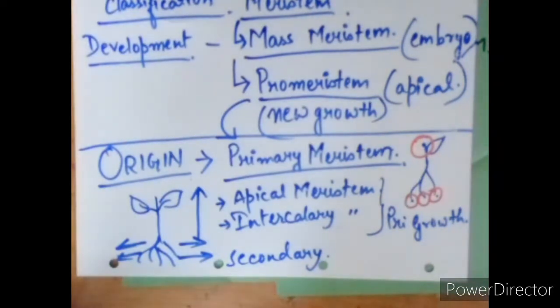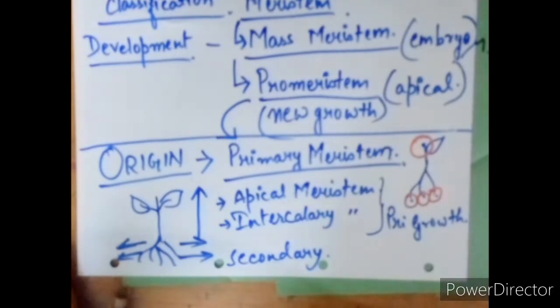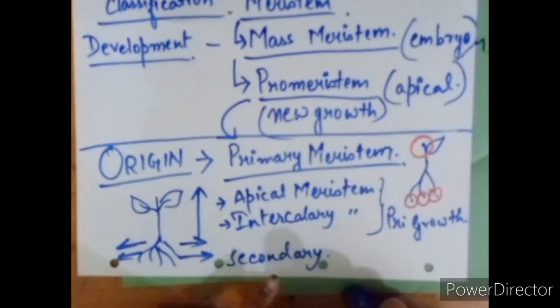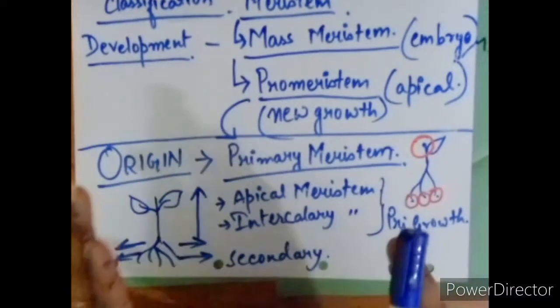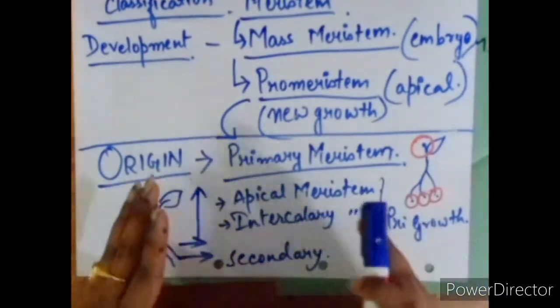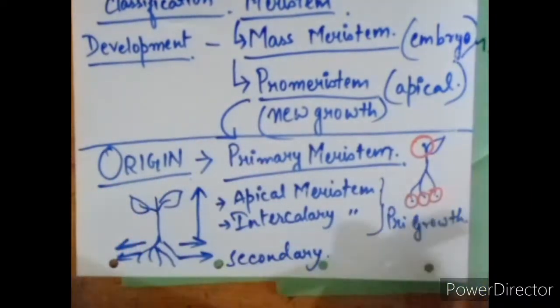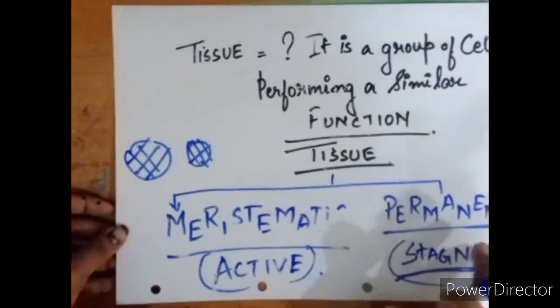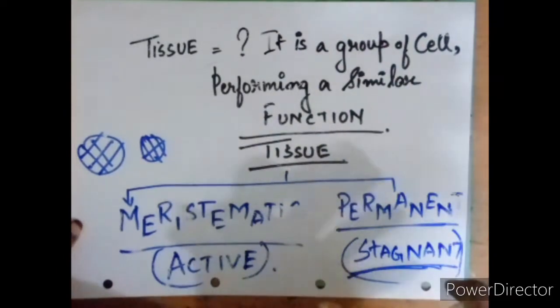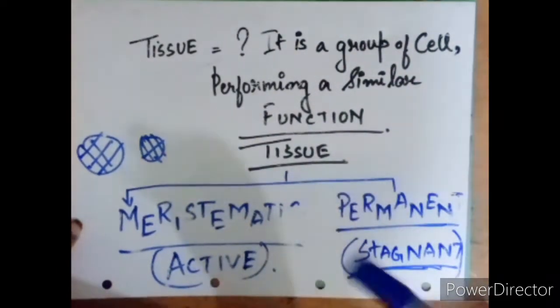Now another thing we are going to see, I hope there is no problem till now. Another is the secondary meristem. I told you secondary meristem develops in the primary permanent tissues. I hope I have already told you about the permanent tissues, that they no longer divide and have a stagnant position.